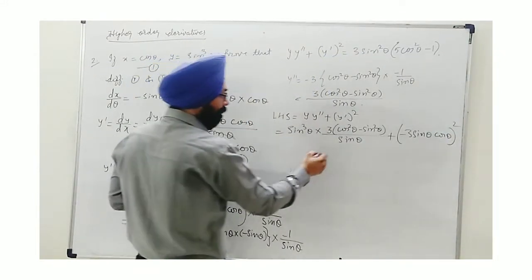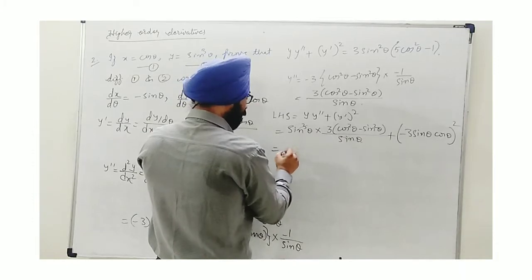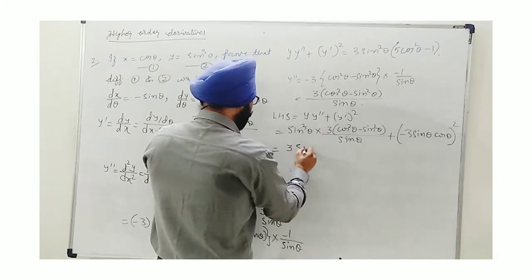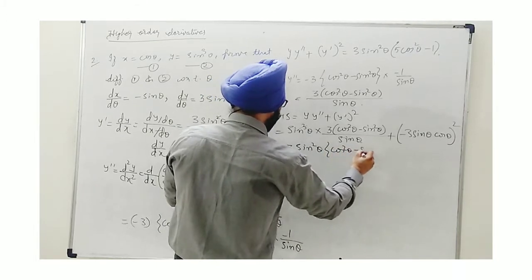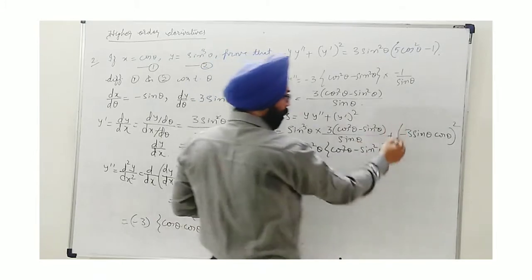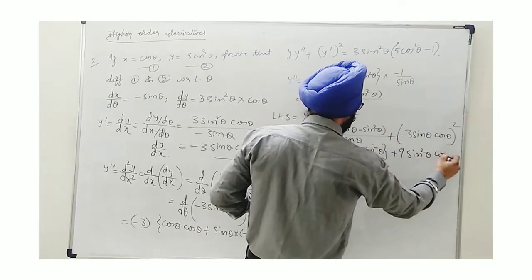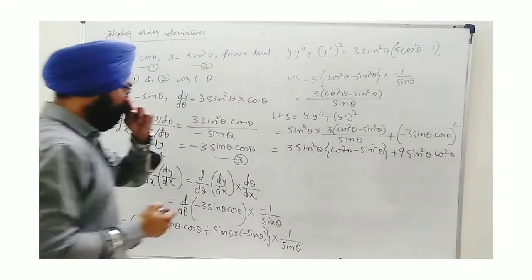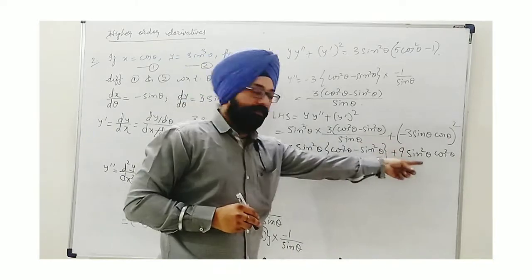Now we do cancellations. Sin to this cube cancels, sin square is left. So this becomes 3 sin square theta into cos square theta minus sin square theta plus, here we do the square, so minus becomes plus 9 sin square theta cos square theta. I see what's common, two terms are there. This is completely the first term, that one is the second term.